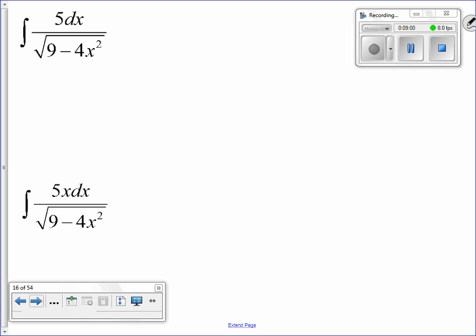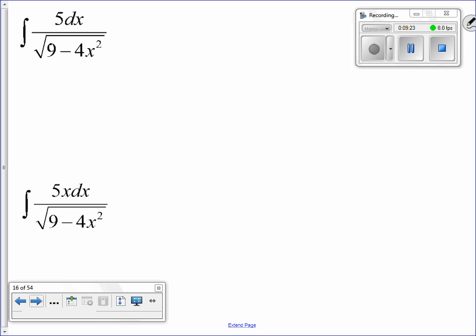All right. So we're integrating 5 over the square root of 9 minus 4x squared. What would be your first idea for u, right? Oh, you're already going in the right direction. But if you first looked at this, what would you first try for your u?